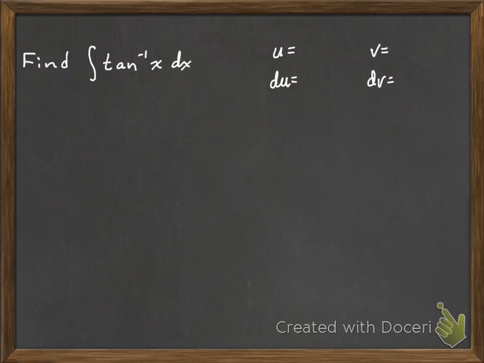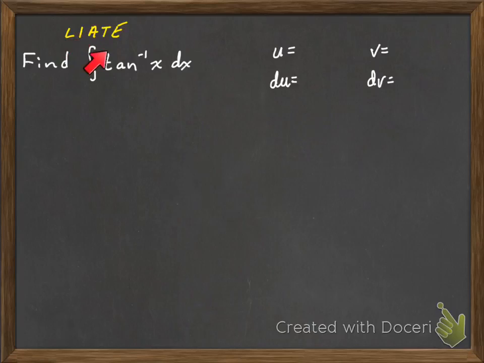All right. Again, we have a situation where we do not really see a multiplication, but we can still treat this as an integration by parts. And remember the acronym LIATE. The I part of LIATE is for our inverse trig function. Well, that's what this is.